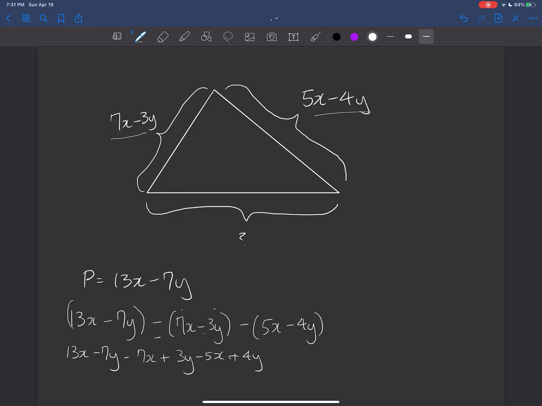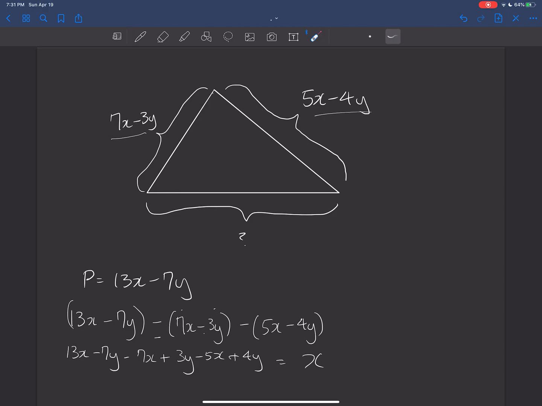Alright, then let's find all the like terms and group them together. So we have 13x minus 7x minus 5x. So 13 minus 7 minus 5. So basically it's 13 minus 12, which is 1. So we have x.